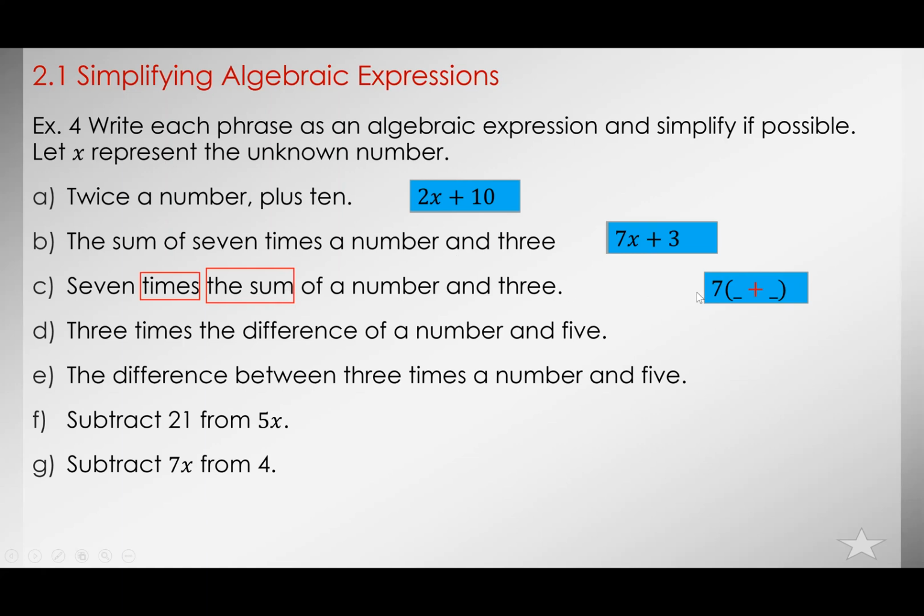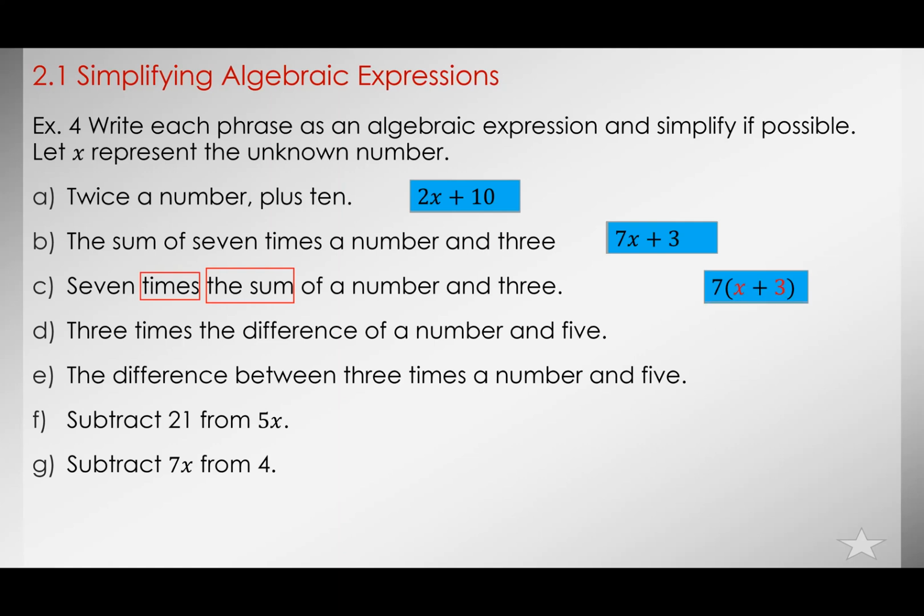Literally, we have 7 multiplied by the addition. But we cannot just multiply by addition; it is the addition of a number and 3. So we need the parenthesis here, which is 7 times open parenthesis x plus 3, okay? 7 times the sum, literally 7 times the sum.